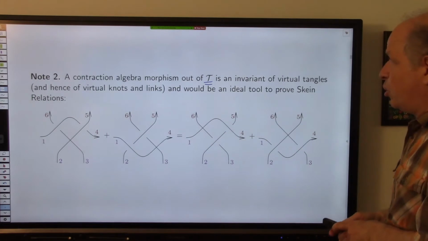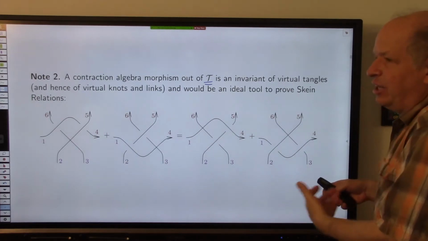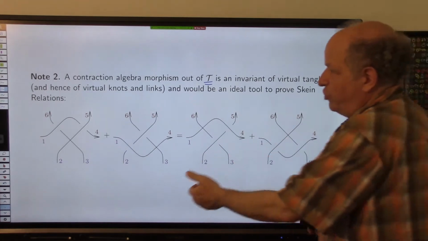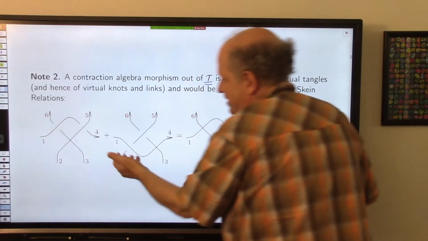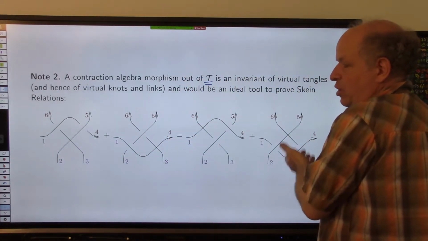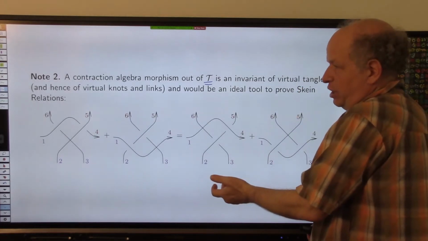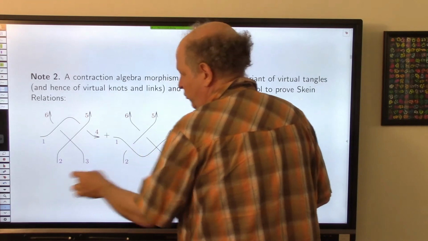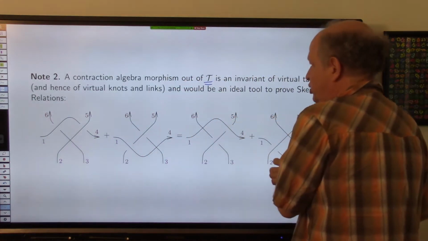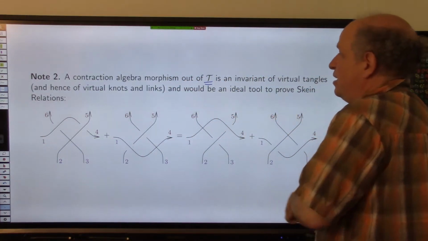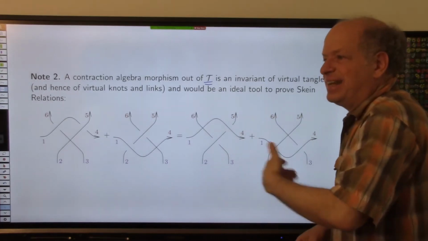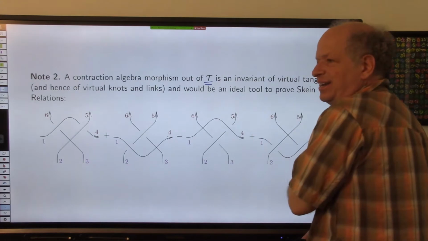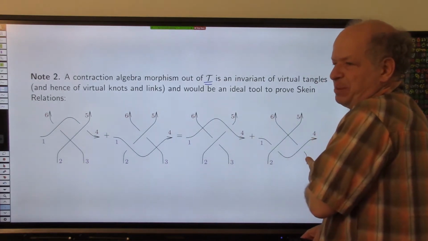And furthermore, it would be an ideal tool to prove skein relations. So if you wanted to prove this skein relation, all you would have to do is to compute the value of the invariant of this, the invariant of this, the invariant of this, the invariant of this. If your target space is a linear contraction algebra, you will verify this identity in the target space.